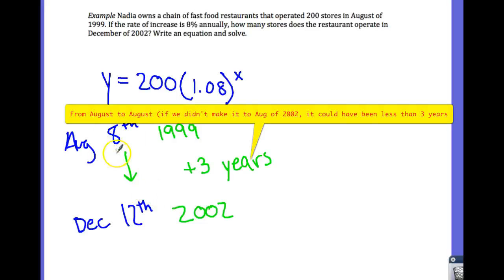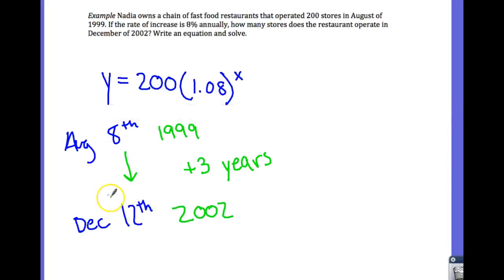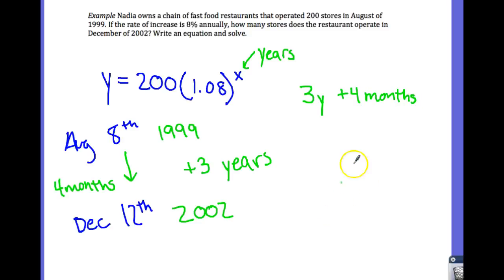From the 8th month to the 12th month was 4 months. X is in terms of years, so I need to convert 3 years and 4 months into years.